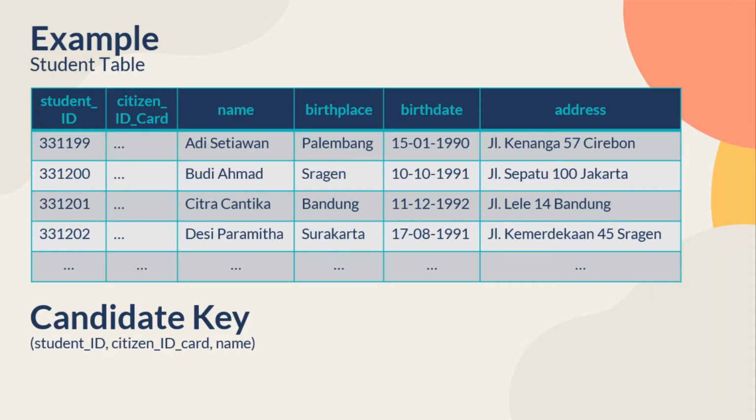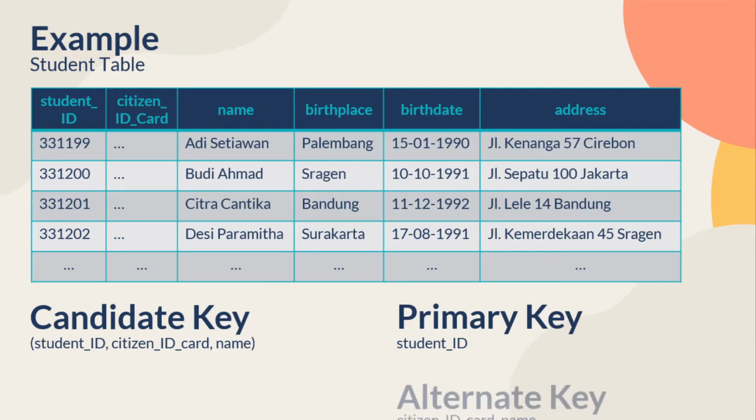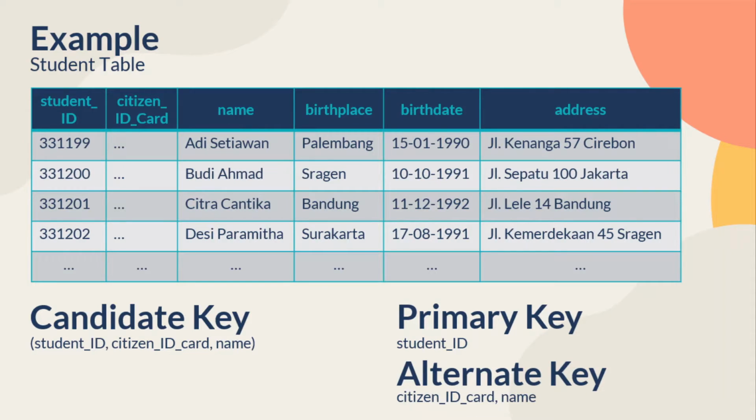So the student ID attribute is unique, and each student who has been enrolled in college must have a student ID. So we can use student ID as the primary key. Therefore, citizen ID card and name will be alternate keys.